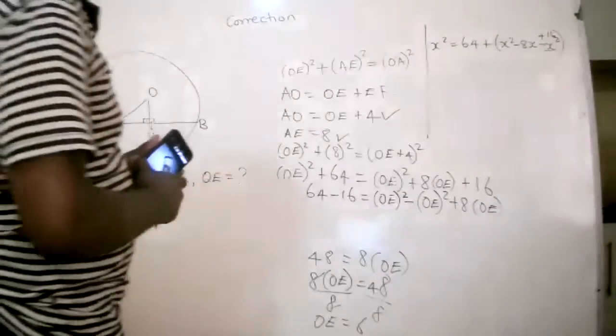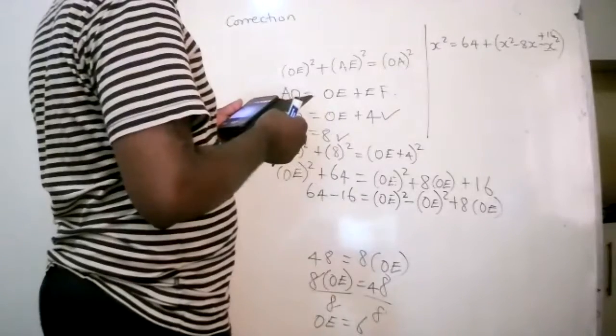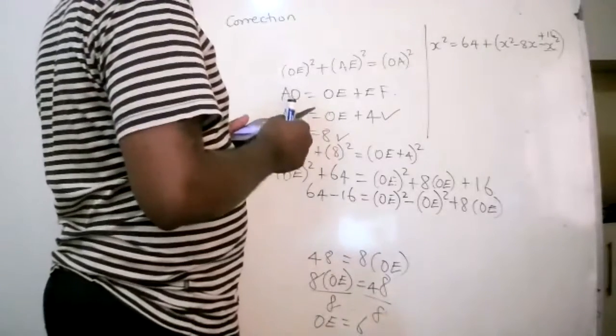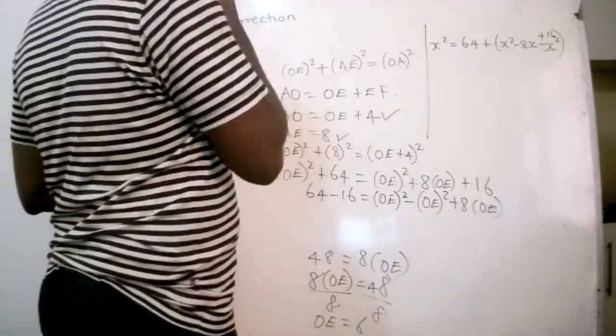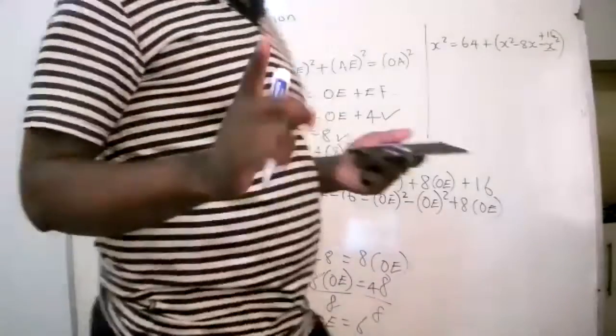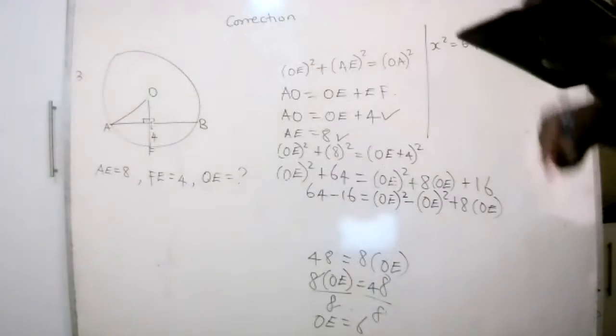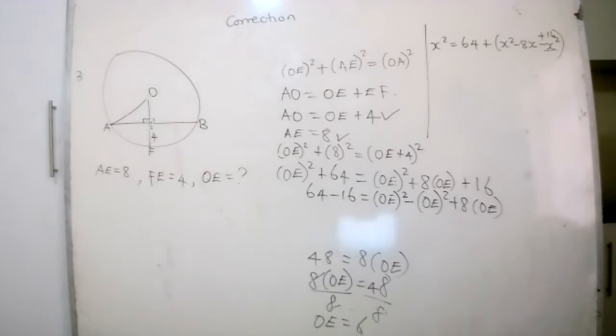So now let's see if it is plus 16. What are we going to get? Oh, okay, now I see what the problem is. You obtained the value of x, so your question is not yet done.